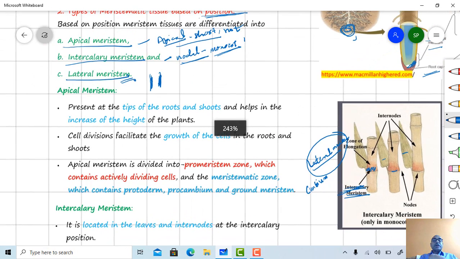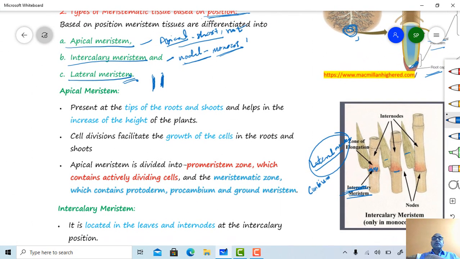These are the types of meristematic tissue based on the position: apical, intercalary, and lateral. Apical meristems are present at the tips of the root and shoot and help in increase of the height of the plant. Whatever height of a plant occurs, it is because of the presence of this apical meristem, or whatever increase in length of a root occurs, it is due to the presence of apical meristem.